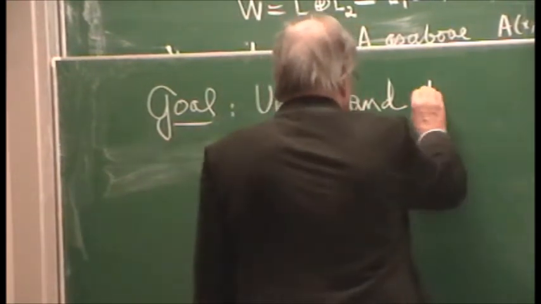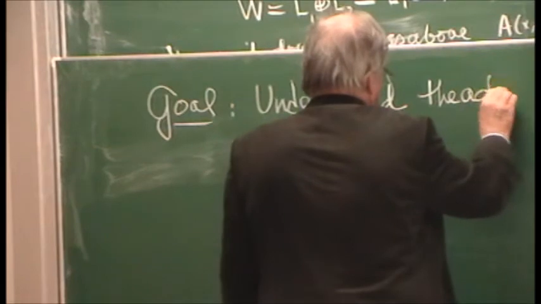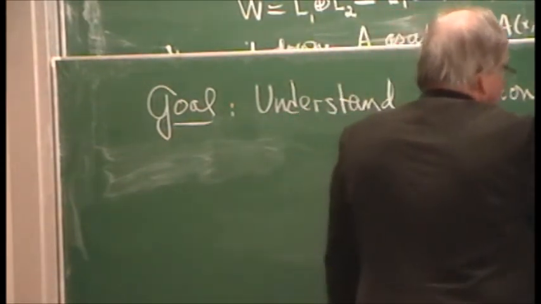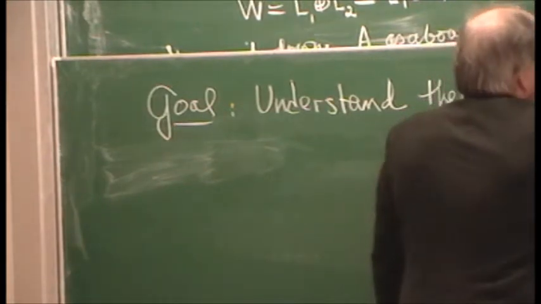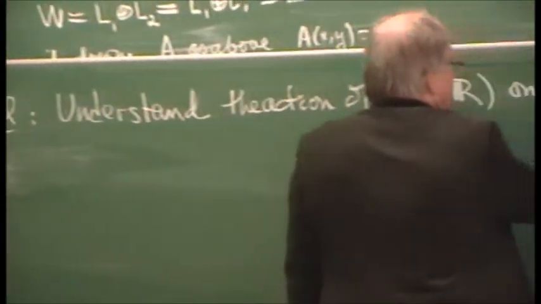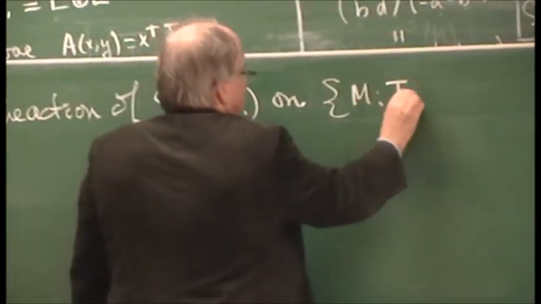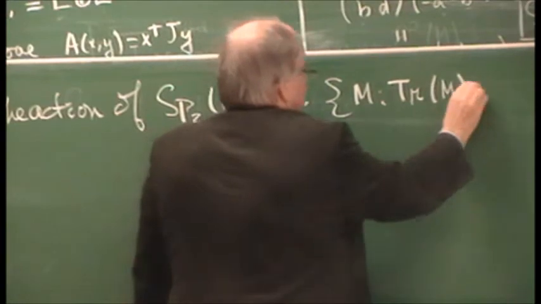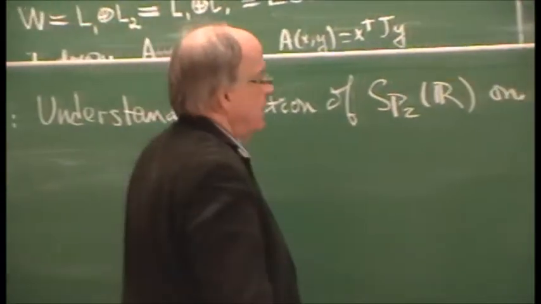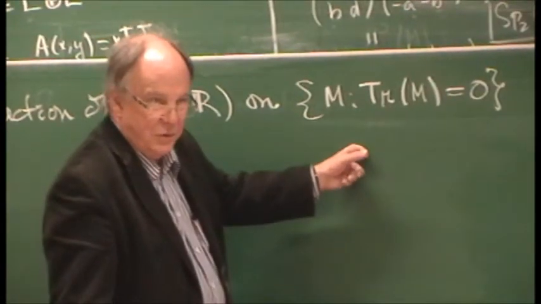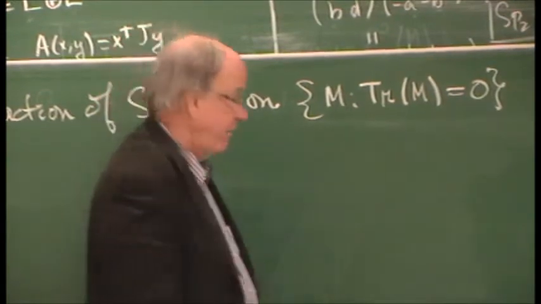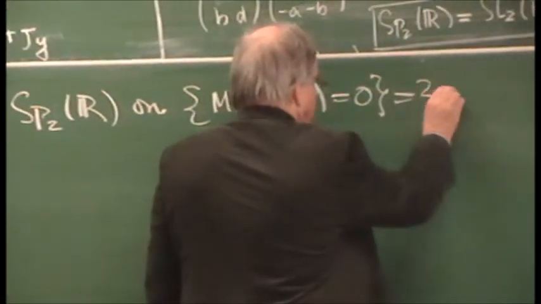Just try to understand the action of Sp(2, R) on this set of matrices M such that the trace of M is 0. The condition here is very simple. So that's a vector space. You have one matrix, you add it to another, it's still trace 0, and you multiply and so on. So this is a three-dimensional vector space.